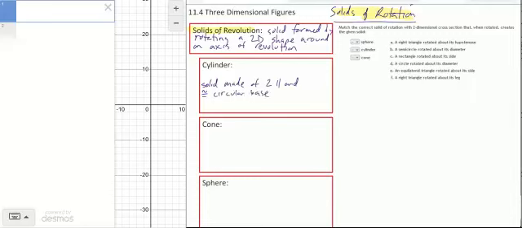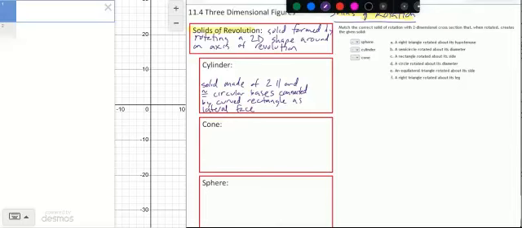So this is a cylinder, connected by what amounts to a rectangle curved about the lateral surface. By the definition, you have 2 circular bases that are parallel and congruent, connected by this curved rectangle.